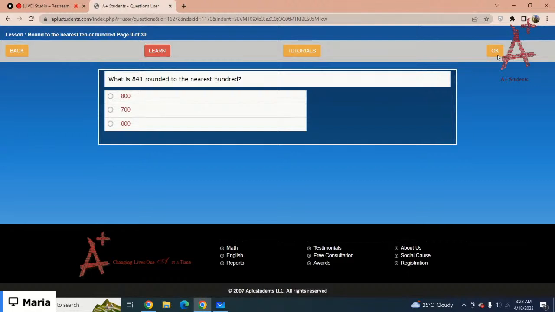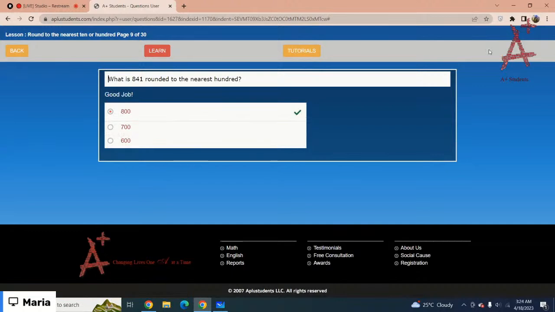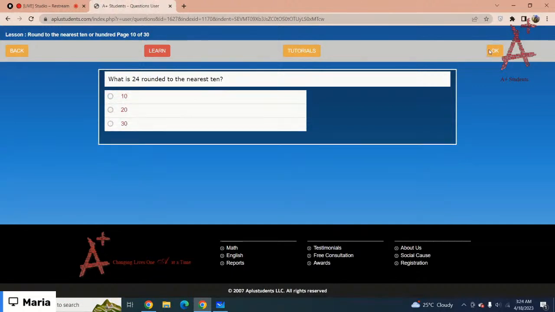Which is the correct option? Yes, 841 is rounded off to 800.